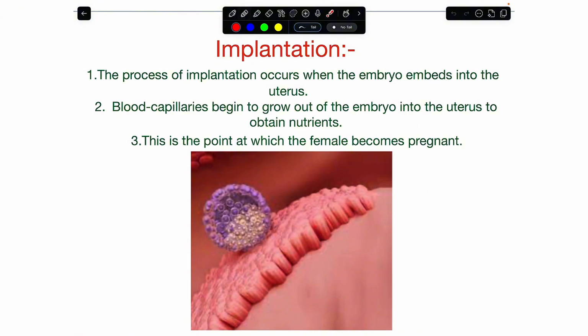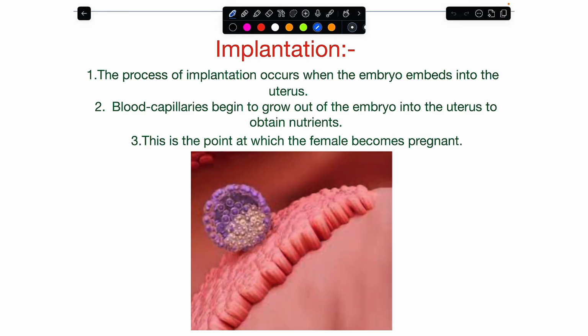Now, since the embryo has to grow, it needs to increase its number of cells, and it also has to develop and become complex. So it needs nutrients, such as glucose and amino acids.